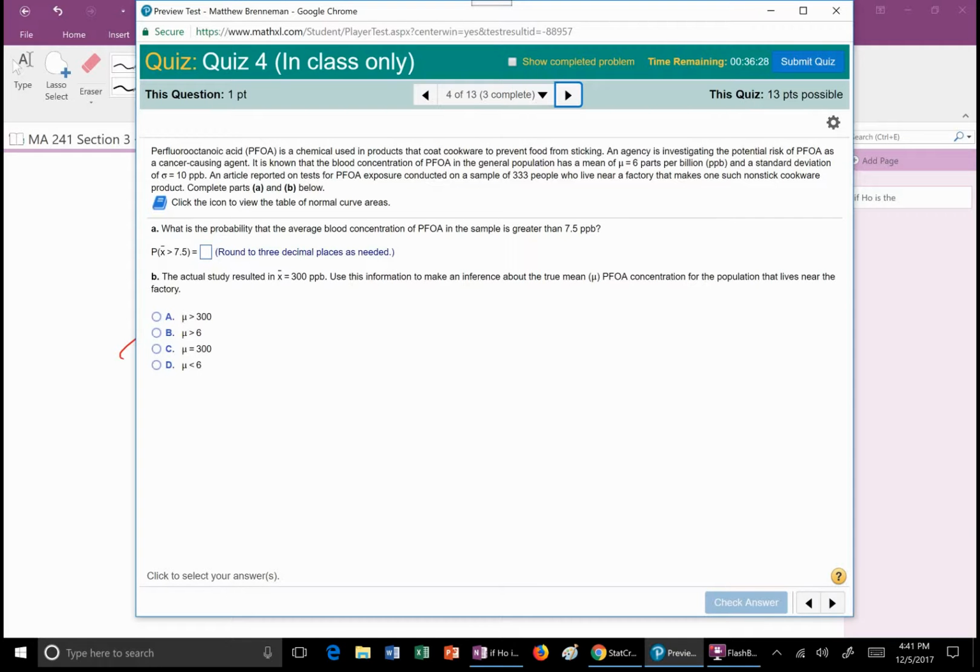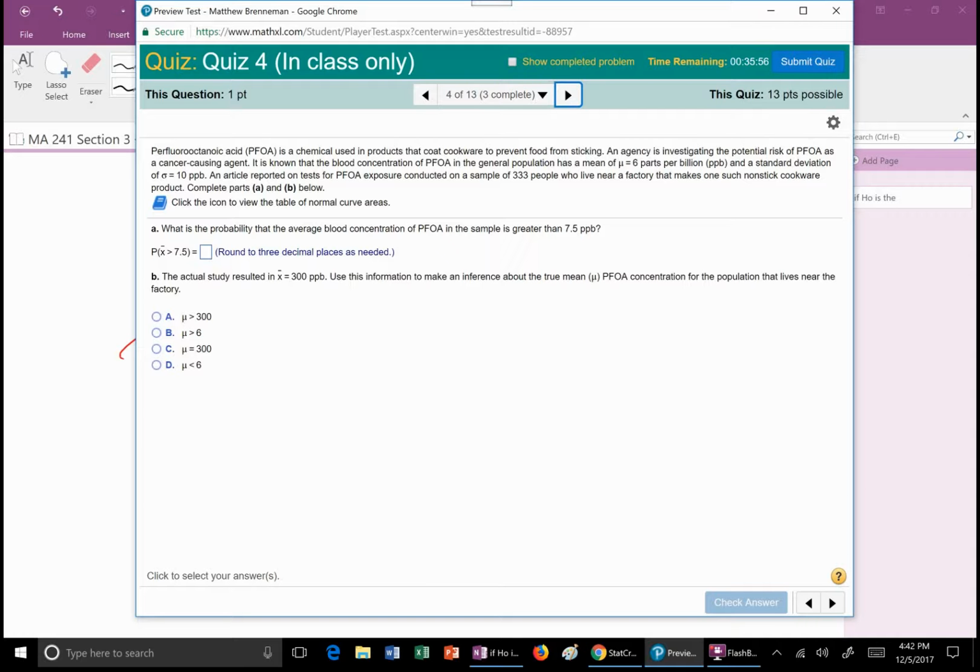Okay, so this is a long word problem. Some sort of acid is a chemical used in products that coat cookware to prevent food from sticking. An agency is investigating the potential risk as a cancer-causing agent. It's known that the blood concentration of this chemical in the general population has a mean of 6 parts per billion and a standard deviation of 10 parts per billion.